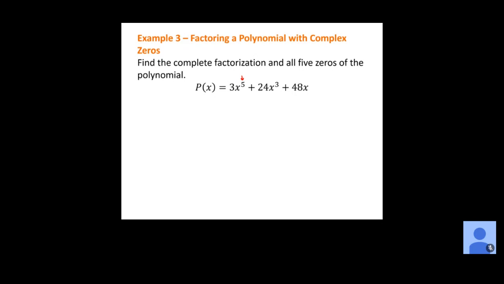So we can't complete the square because we don't have a quadratic to begin with, right? So remember, that's the only time we could use completing the square is if it's x squared to start with.